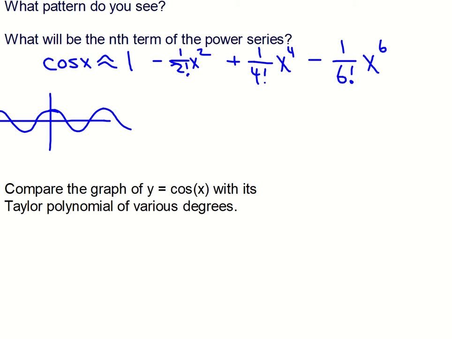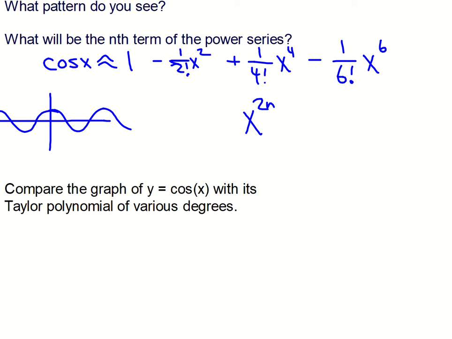Then it says, let's make a formula for the nth term of the power series. We see that all of the exponents of x are even, so I'm going to say that this is x to the 2n power. Technically, if that's true, then the 6th degree power would be the 3rd term, which means that the 1 would be the 0th term.